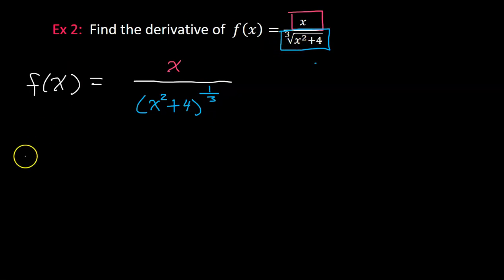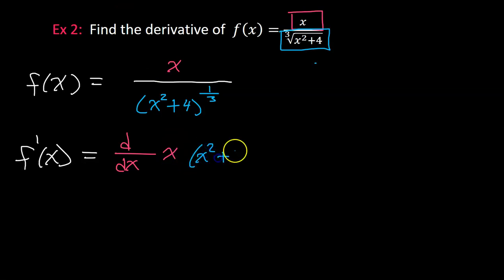Now we can begin the quotient rule. For the quotient rule, we first do the derivative of the top function, and I think I'm just going to follow through with my little d/dx's and set everything up first. So we will have the derivative of the top function times the bottom function, and then minus the top function times the derivative of the bottom function.